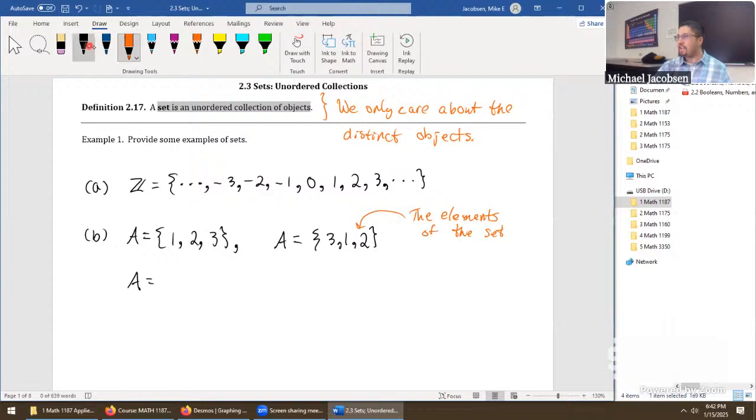So if we write down a set A like this, 1, 1, 2, 2, 3, we've duplicated some of the elements or objects of the set. Well, this could be reduced and simplified back down to 1, 2, 3. It is still the set A because a set is really only interested in the unique individuals that belong to it. So that's, again, something weird about these kinds of sets that we'll get used to as we go along.